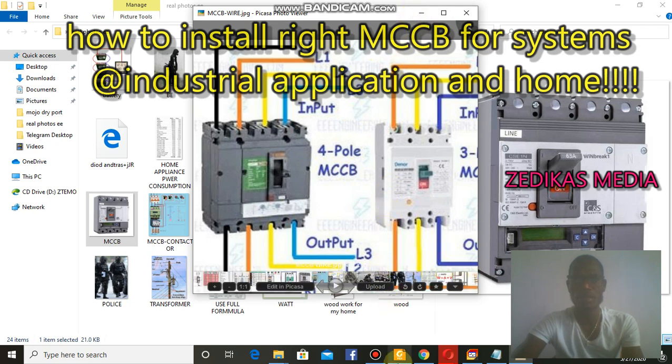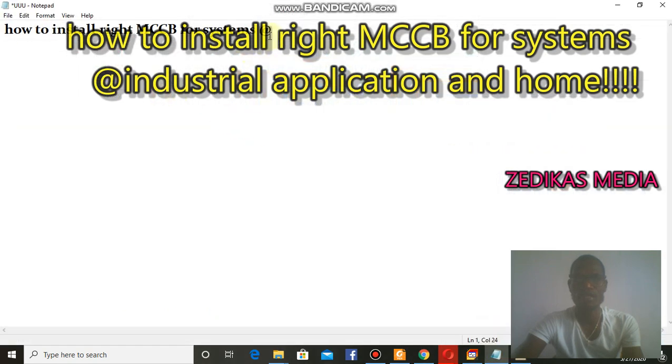But after all, let me tell you how to calculate the right MCCB for our systems at home and in industrial applications. In industry, let's say my motor is 5.5 kilowatt.